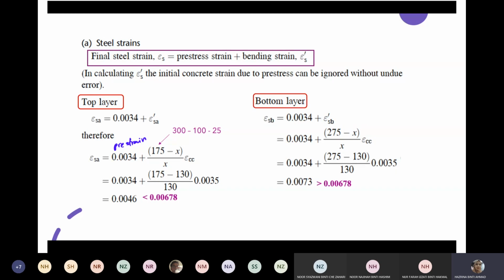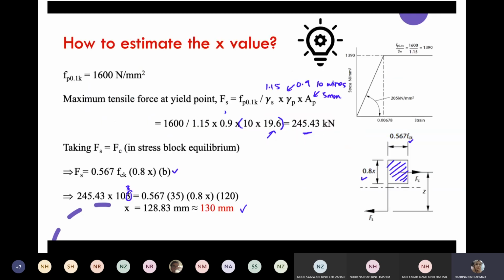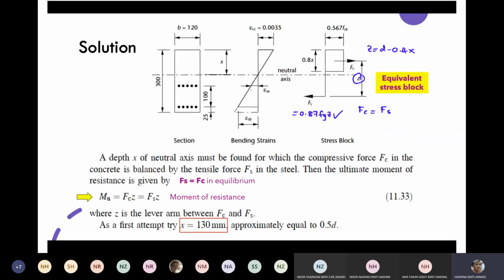This equation actually gives us the d value, so we are going to use the d value of the reinforcement that we are referring to. Since we are calculating the strains in the top layer, we look into the dimension towards this reinforcement.